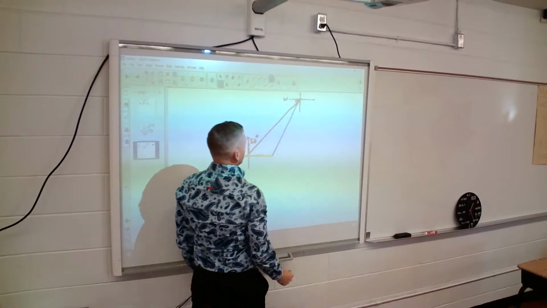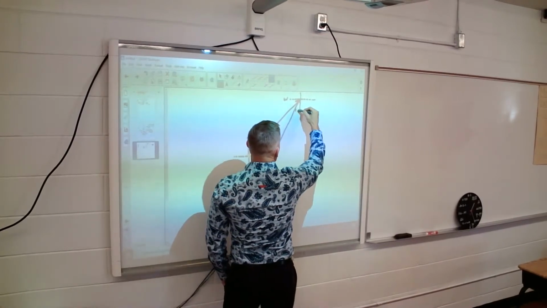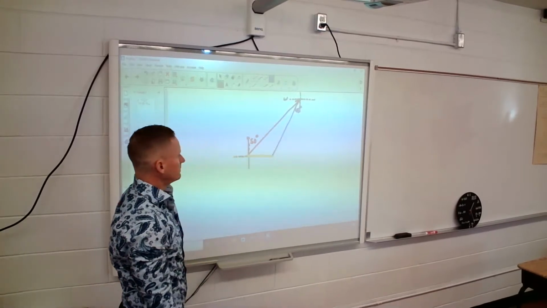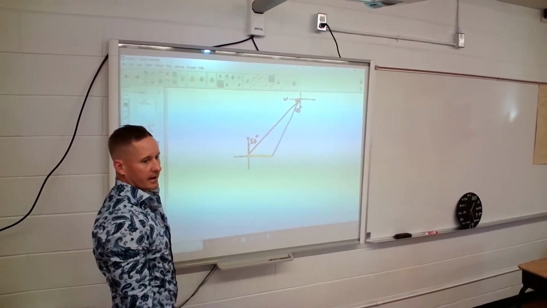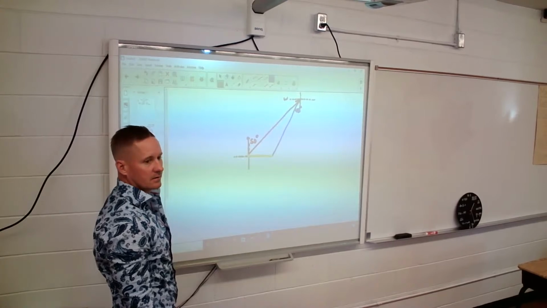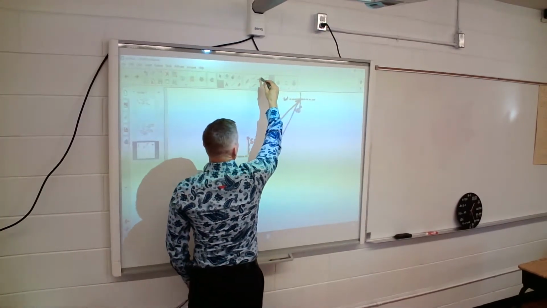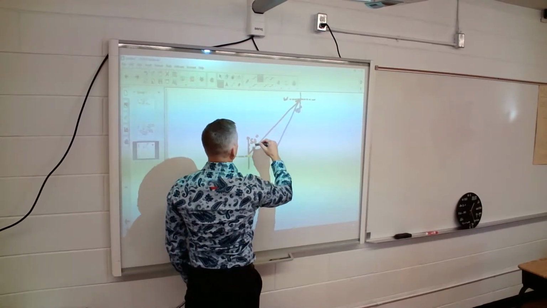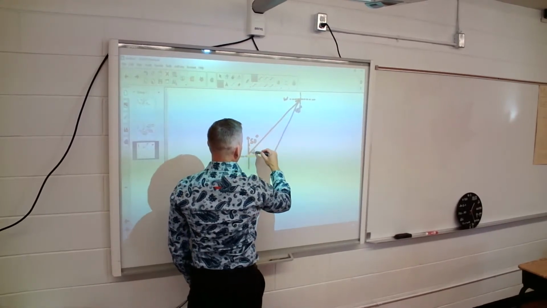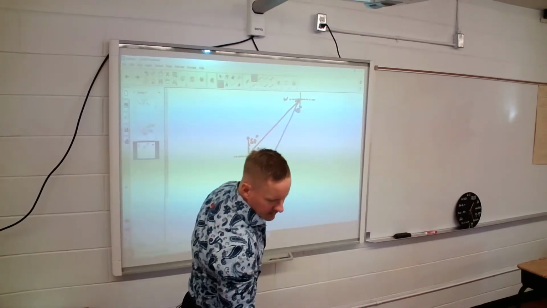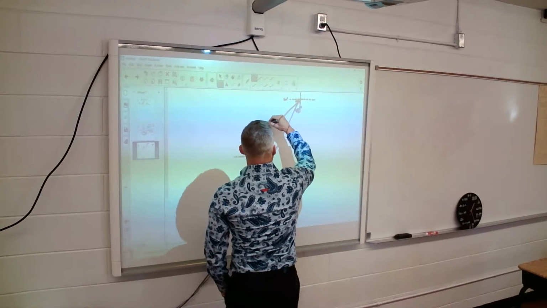All right, so let's fill in some information. So this is right here, 45 degrees right there. Okay, so you see the picture so far? All right. What's this angle right here? This one is 40 degrees right here, correct? They give us some distances. Yeah, they did. 52 kilometers here, correct?